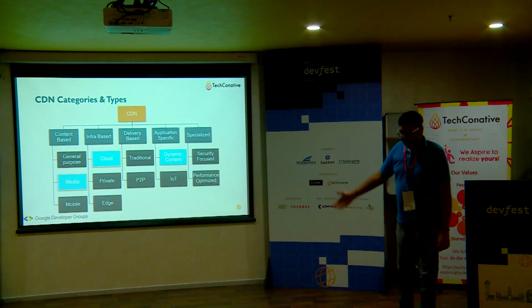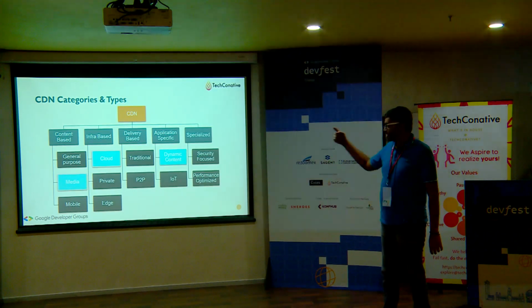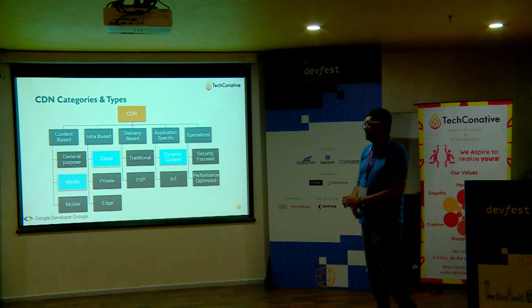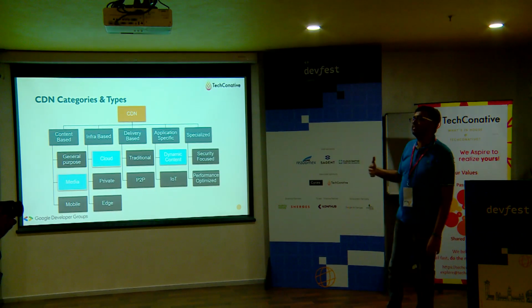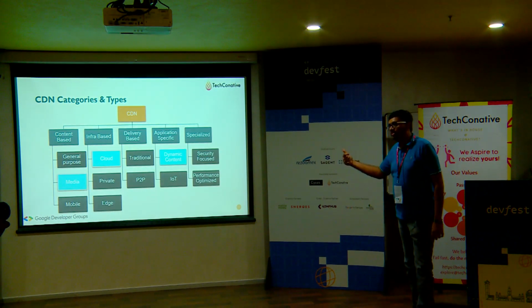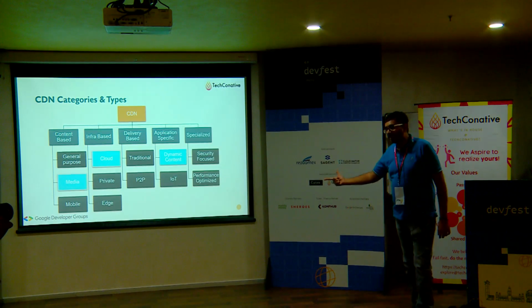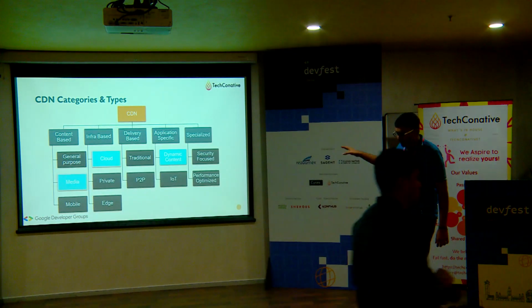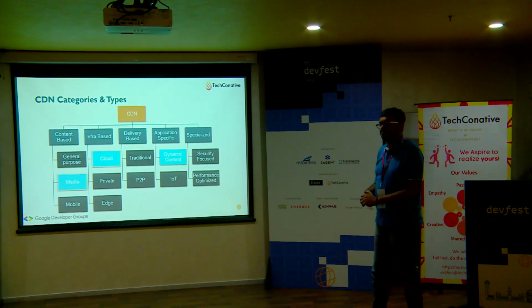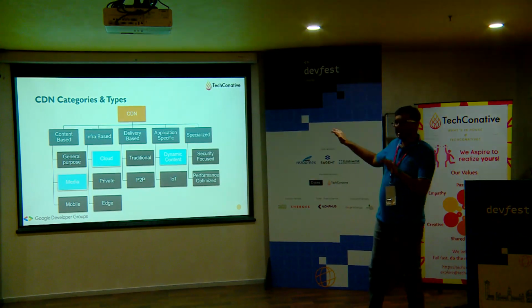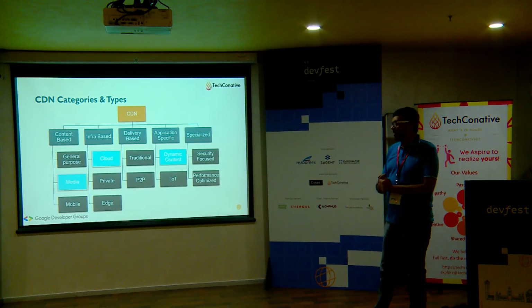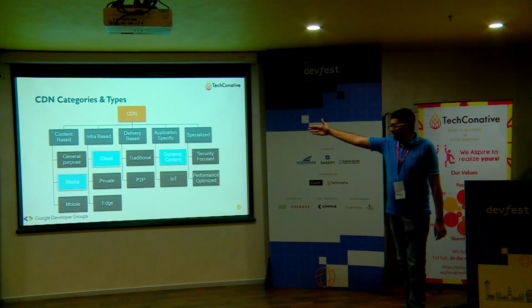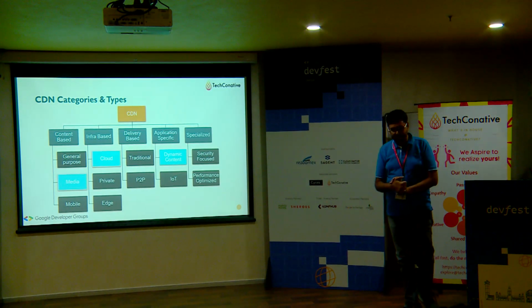The CDNs can be categorized based on the content, based on the infra, based on how the data is being delivered, whether they are specific to particular applications, and whether they are specialized on certain aspects. So those are the categories that we have.